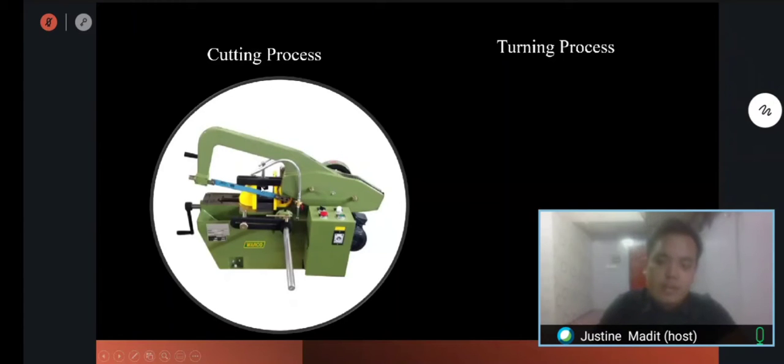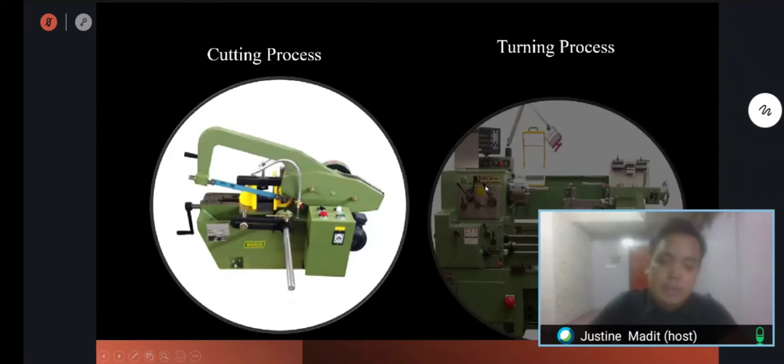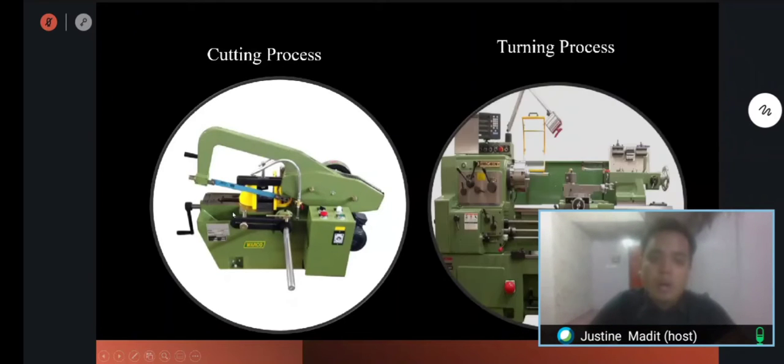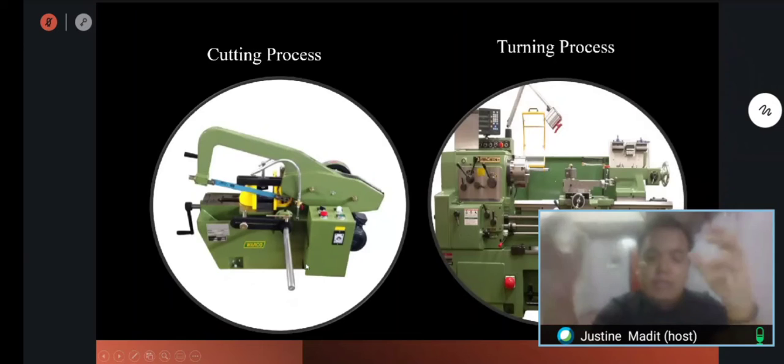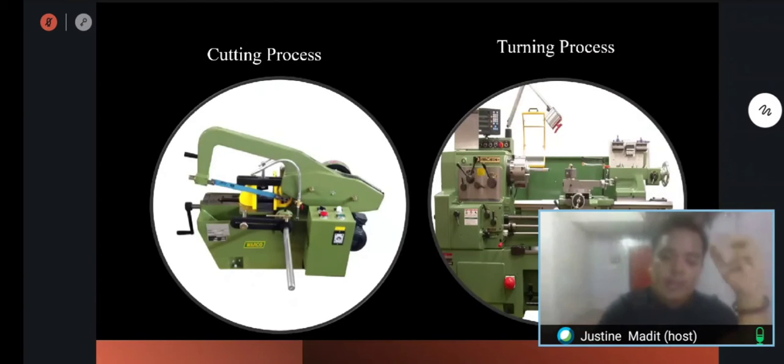Then after the stainless steel is cut into our desired dimension, our desired length, we put it into the lathe machine, at the spindle chuck here. This is an example of a steel rod that has been inserted into the spindle chuck.